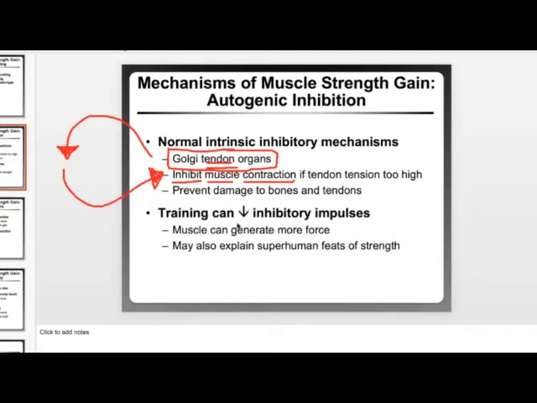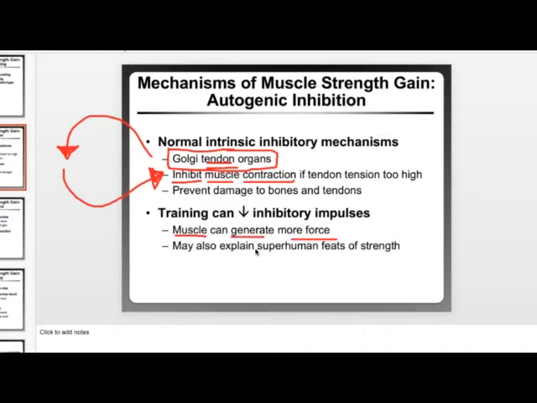And through training, you can reduce these impulses, the impulse that is sent back to the muscle to get it to relax. And if the muscle is relaxed, it can't be contracting, and if it can't contract, it can't produce force. So if I can get that muscle to contract for a longer period of time, I can generate more force.